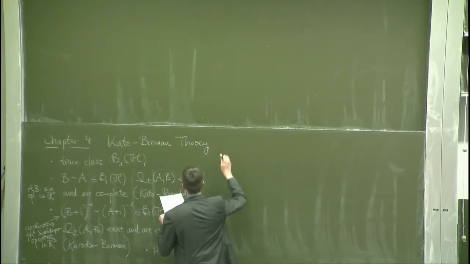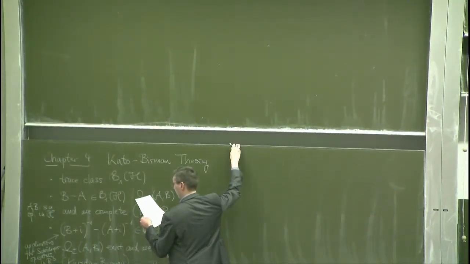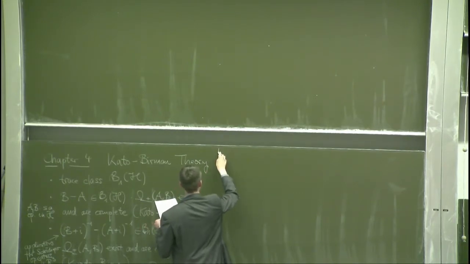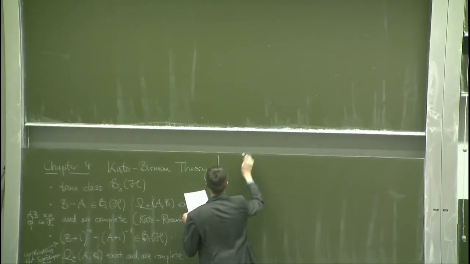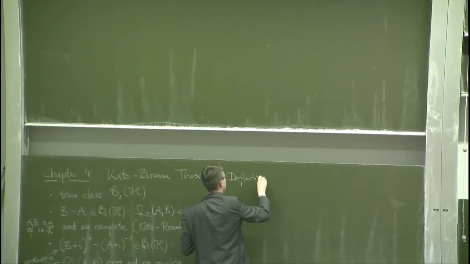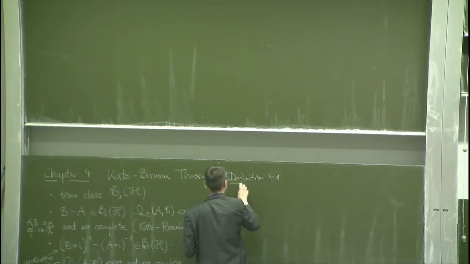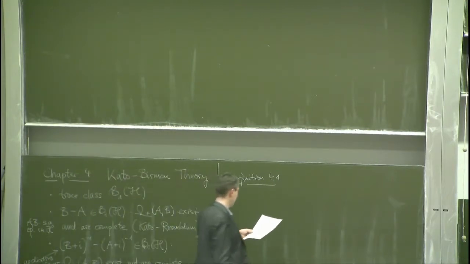And now I would like to start with the definition of the trace class. So let's start directly with the following definition. Definition 4.1. It's a little bit more general, but this will be very useful, as you will see in the following.